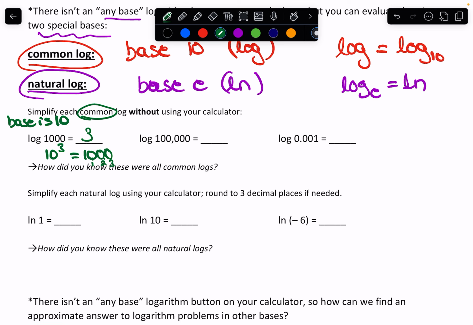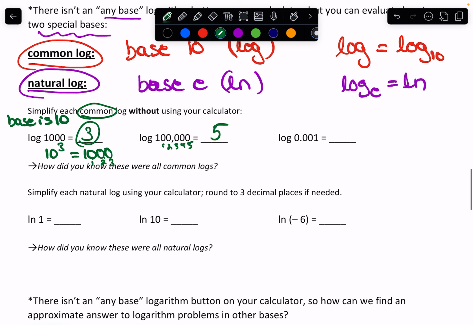Same thing here. We've got 1, 2, 3, 4, and 5 zeros. So the exponent, the answer to the common log, is going to be 5. Now, this next one is a little bit trickier because we have a decimal.